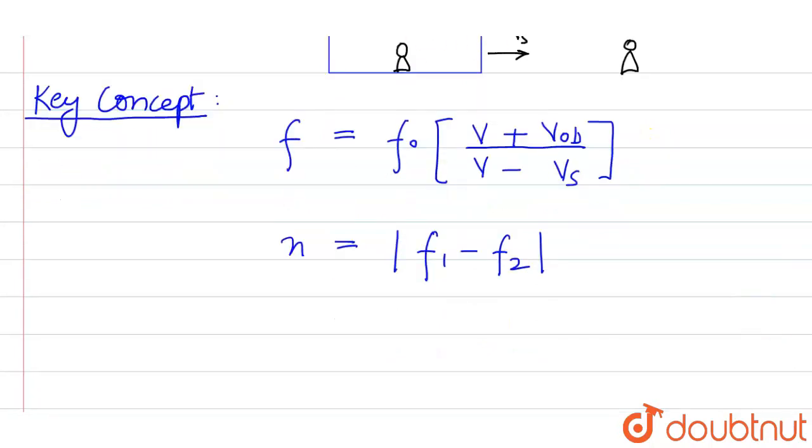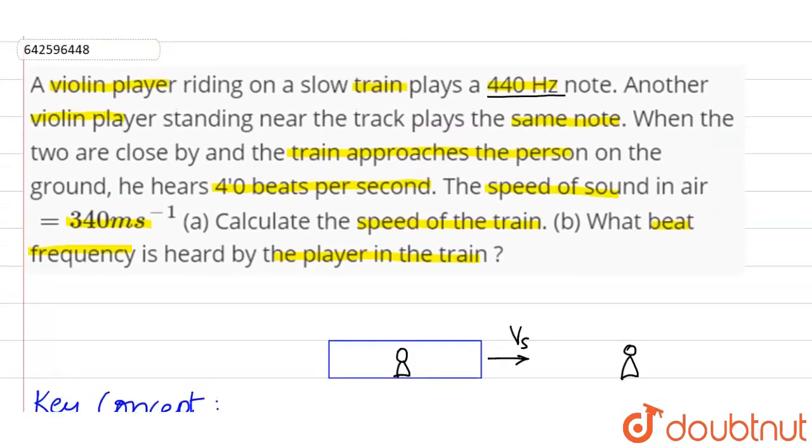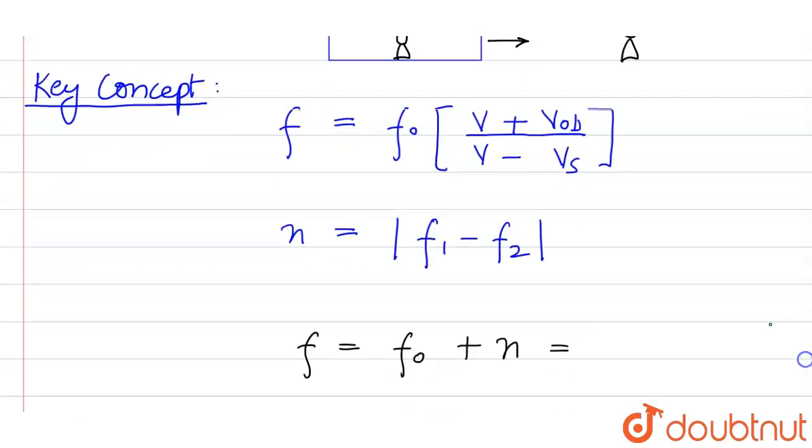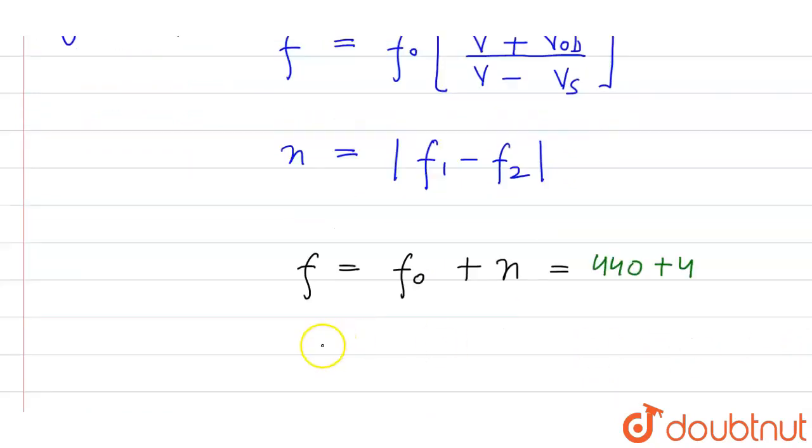So the frequency heard by the observer on the track, call it F, will be F naught, the original frequency, plus n, which is 440 plus 4, so the apparent frequency is 444 Hz.